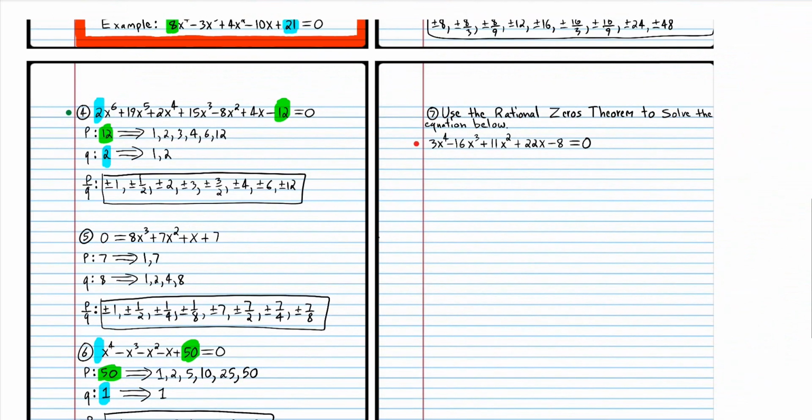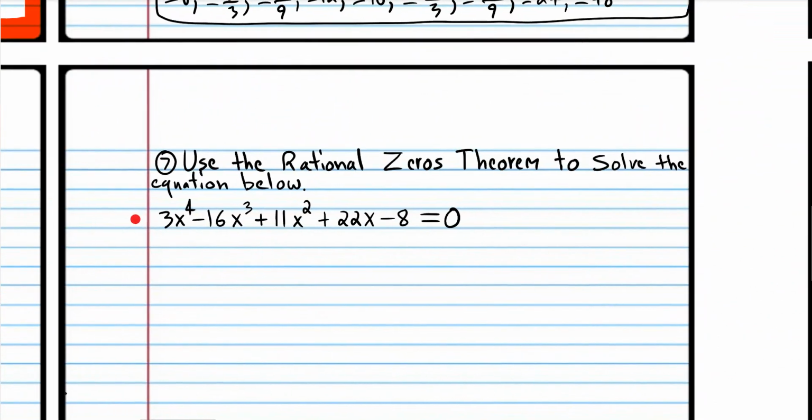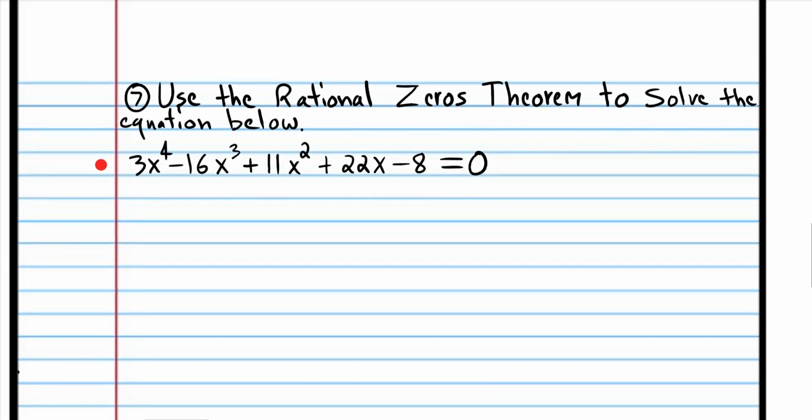So now we're going to actually learn how to solve polynomial equations using the same theorem that we just learned. So you should have a pretty good idea of how the theorem works. Now let's actually use it to solve an equation.